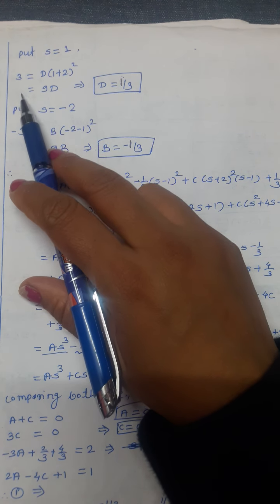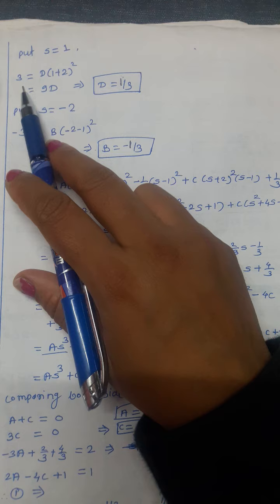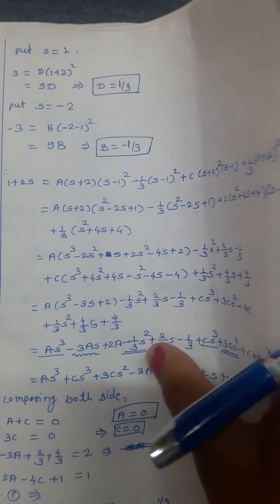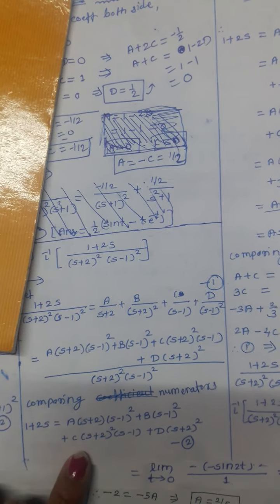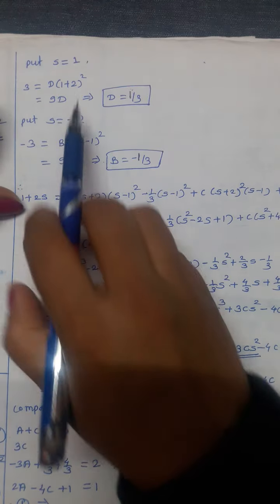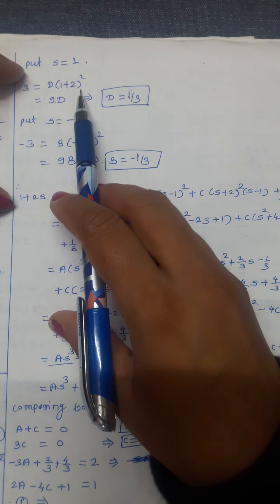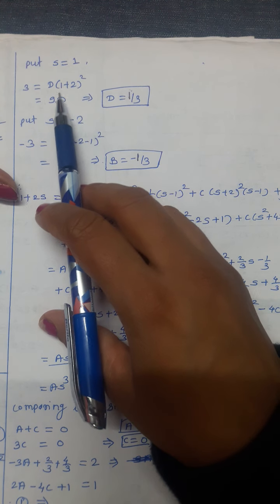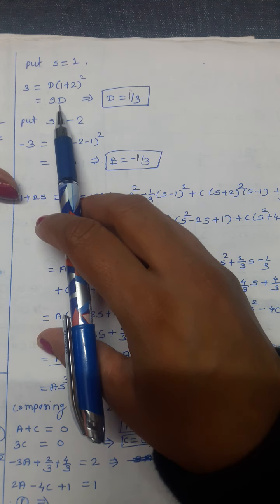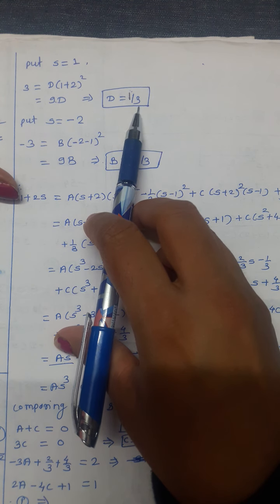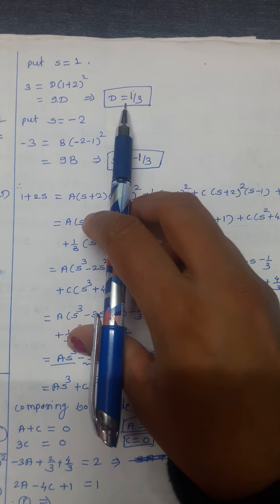What we get: 1 plus 2s, that is 1 plus 2 times 1, is 3, equal to, since s minus 1 is present in three terms, these three terms get cancelled, only D remains here, D into (1 plus 2) bracket square, that is 3 square, is 9D. That's why D is equal to 3 upon 9, that is 1 by 3. One constant we have calculated by putting s equal to 1.